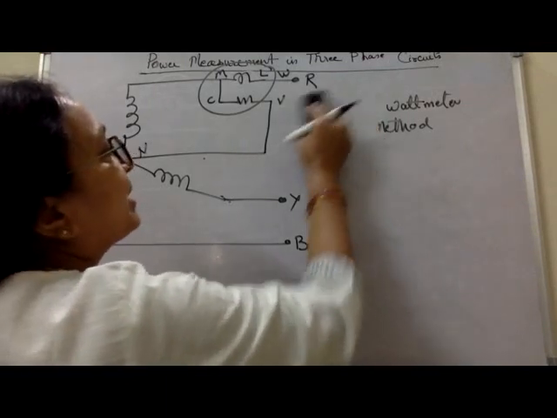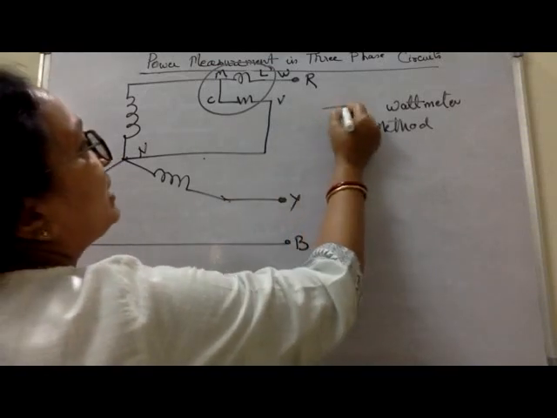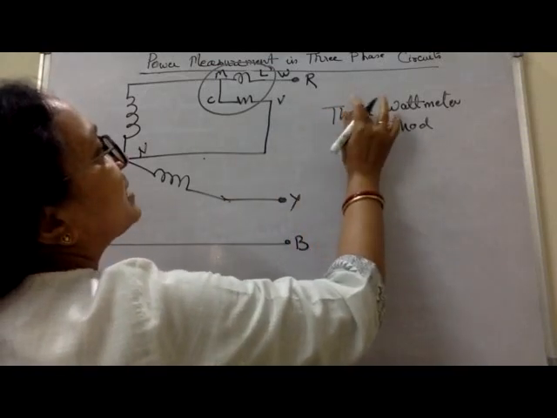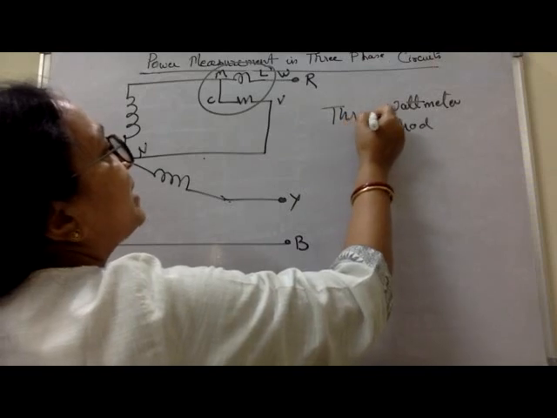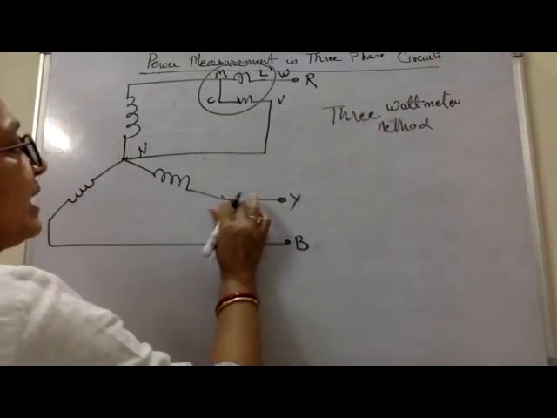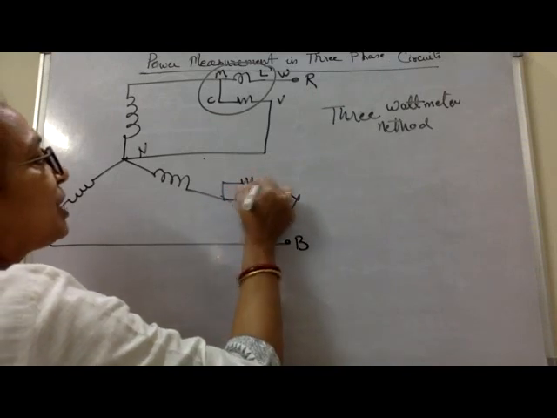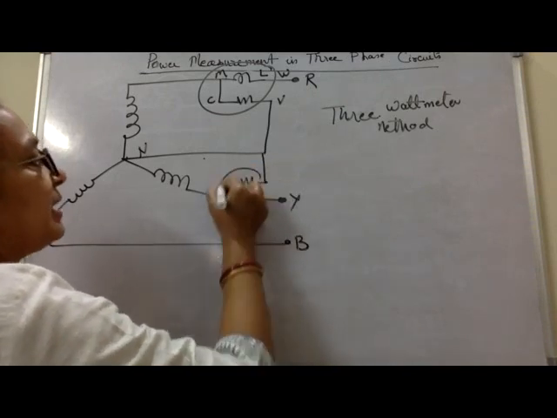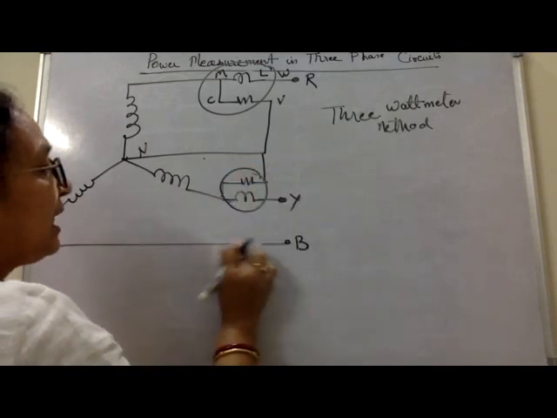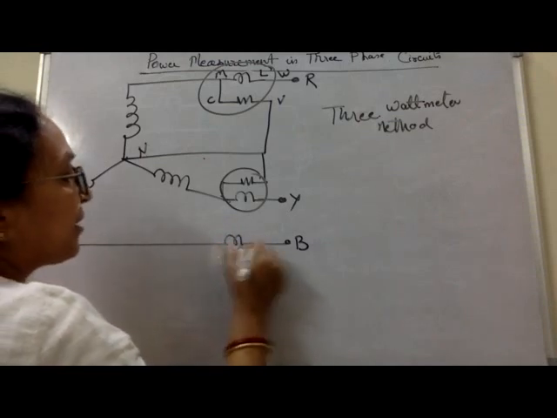The 3 wattmeter method means all the three phases will have a wattmeter connected in the individual phases and the potential coil will be connected between the neutral and the phase.